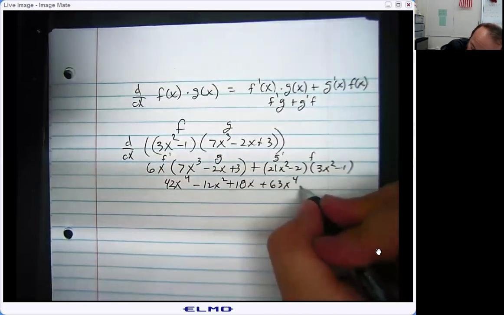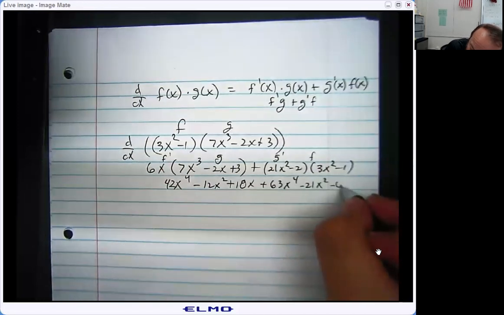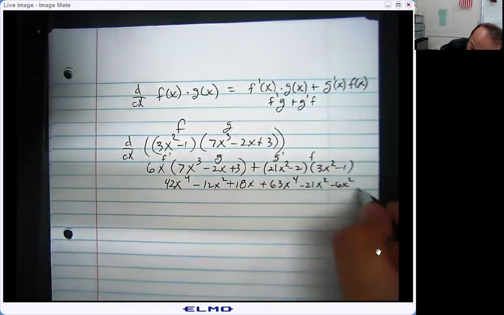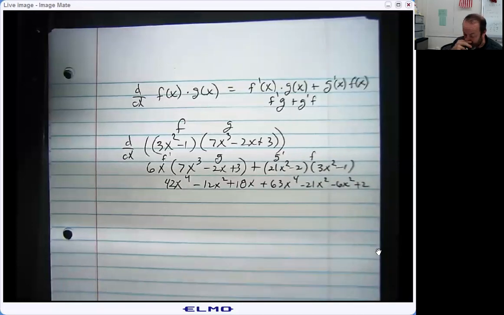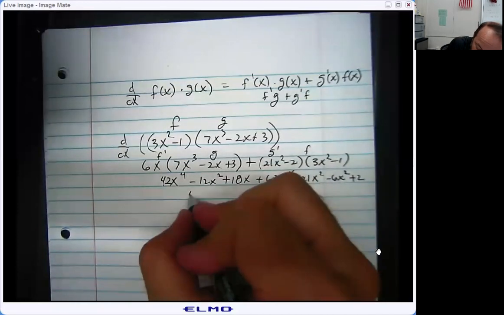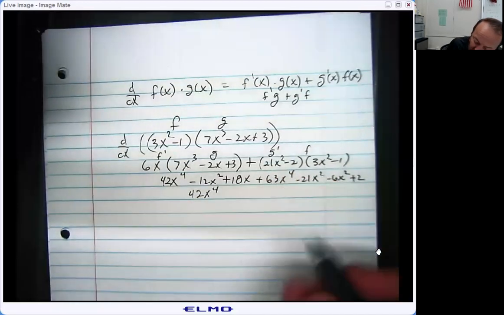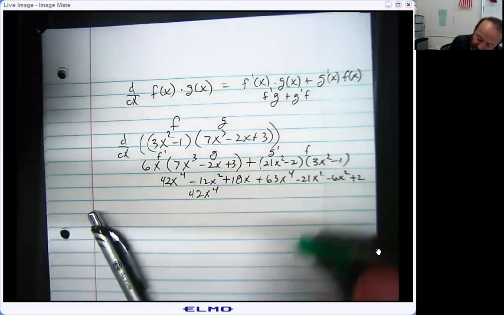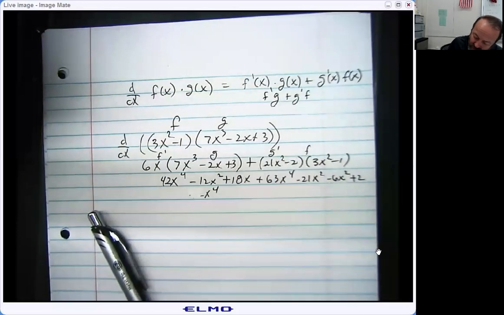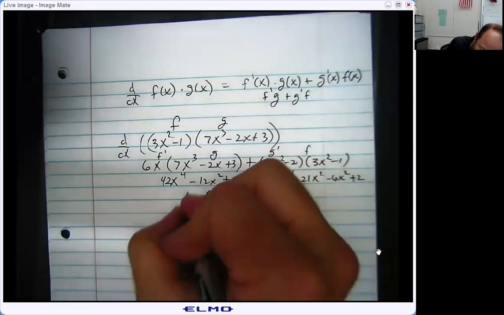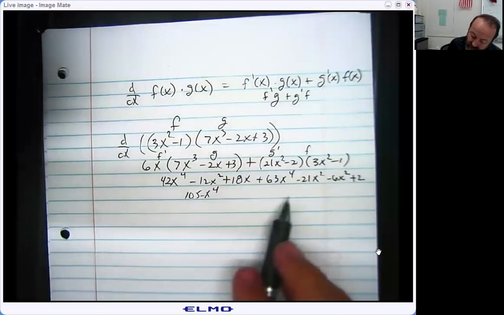You do an awful lot of work, and then we still have one more step, which is to combine my like terms, which is why a lot of people would not encourage you to use this version of product rule at this time.